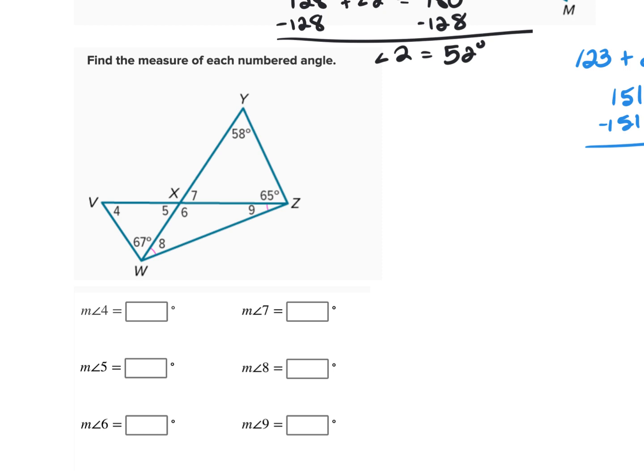Because if I have two of the angles given, then I know I can solve for the third. And that is going to be triangle XYZ. You'll notice I have angle Y is 58, angle Z is 65, so then I can find the measure of angle 7.